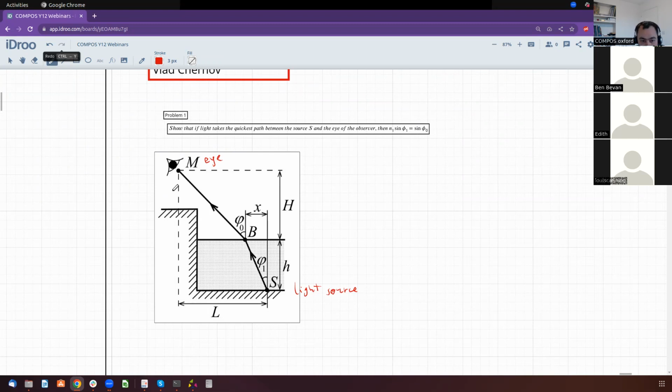And you need to prove that the time is minimal if Snell's law applies. Show that the light takes the quickest path between the source S and the eye of the observer when n1 sine θ1 is equal to sine θ0. In other words, Snell's law. Because n0 is n of air, which is 1. So that's why you can see that n0 is omitted here.